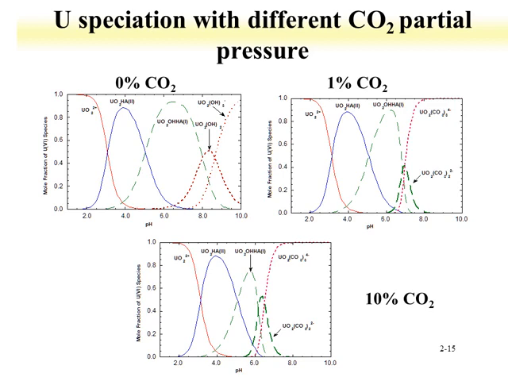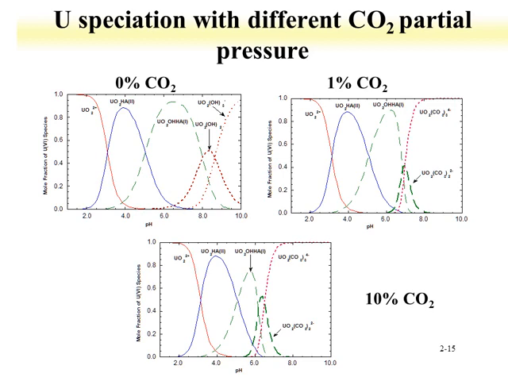One of the main outputs for the calculations we've just performed is the evaluation of speciation of uranium as a function of conditions. Here's the data for 0% CO2 partial pressure, 1% and 10% CO2 partial pressure for uranium speciation as a function of pH. This data is taken from those Excel spreadsheets.